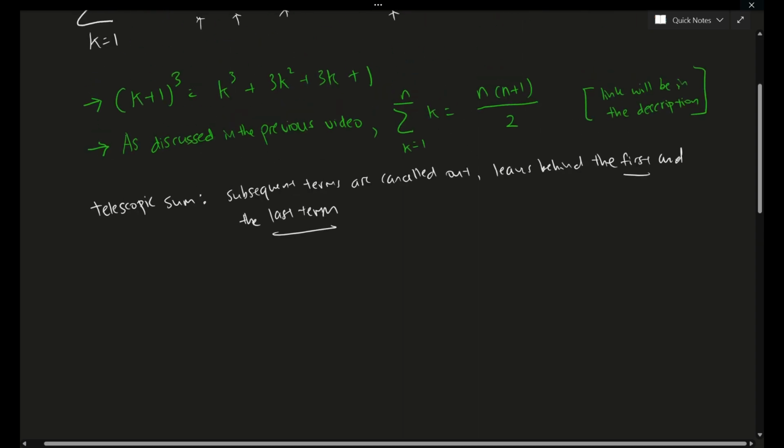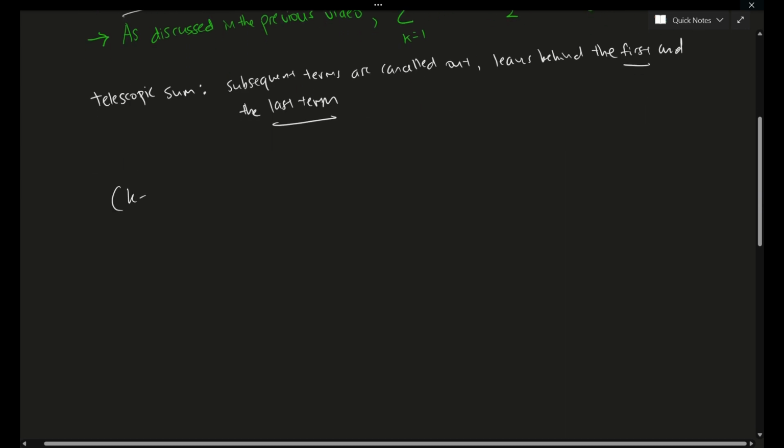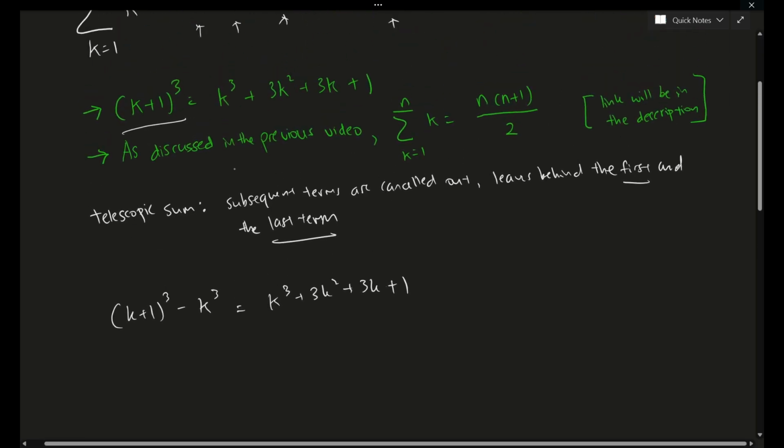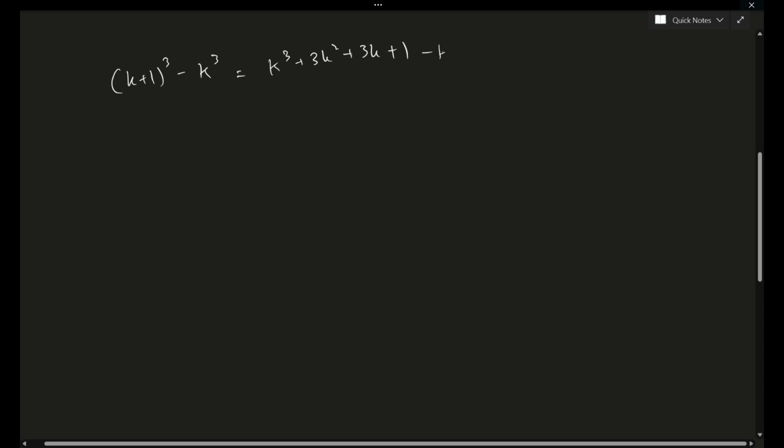So we'll make use of (k plus 1) cubed to do the telescopic sum. (k plus 1) cubed minus k cubed, we all know equals k cubed plus 3k squared plus 3k plus 1, as shown above here, and we're going to subtract k cubed.